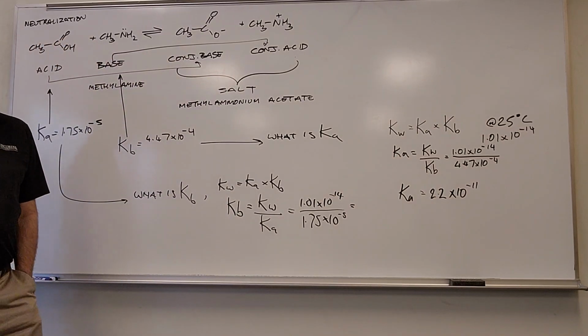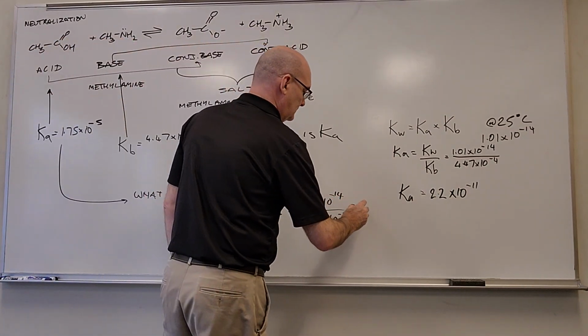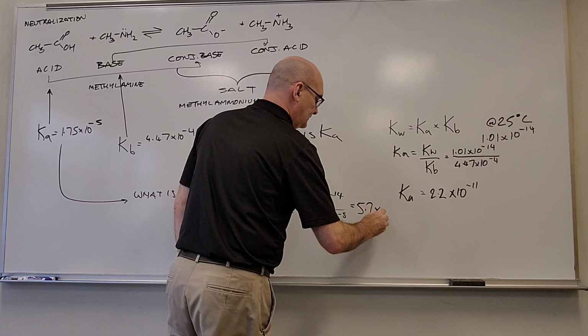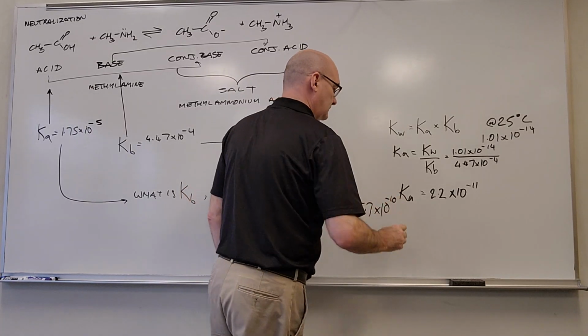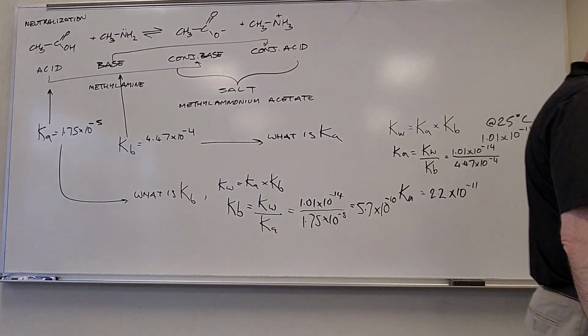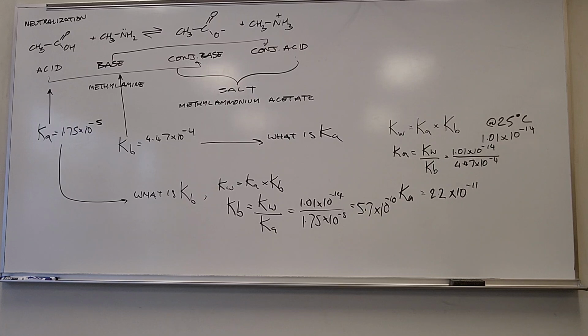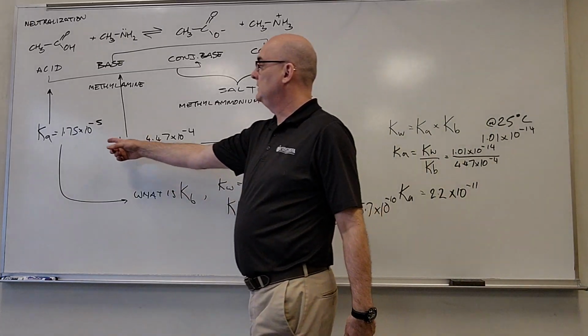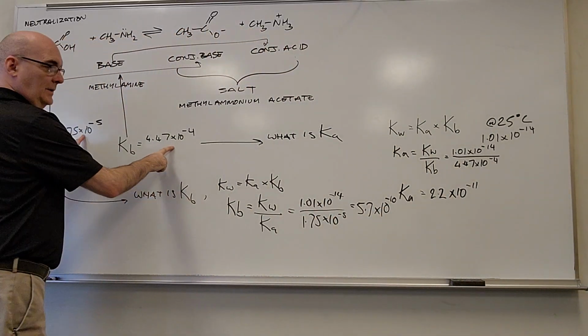I got 5.71 times 10 to the negative 10. Are we using the K that we're given at first, or the one that we found? So these are given to you.